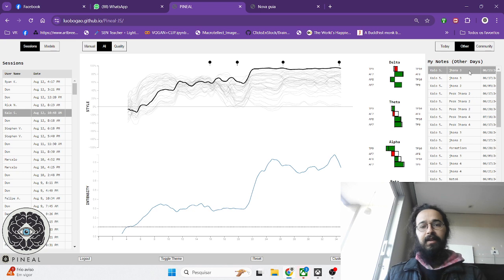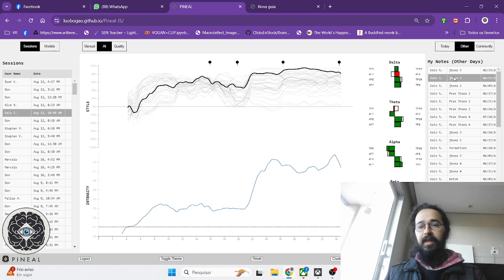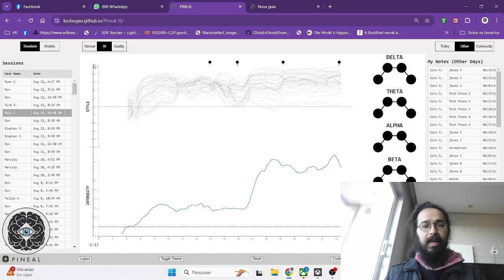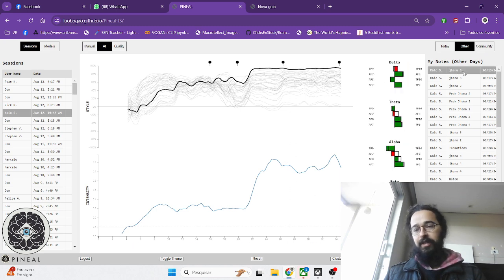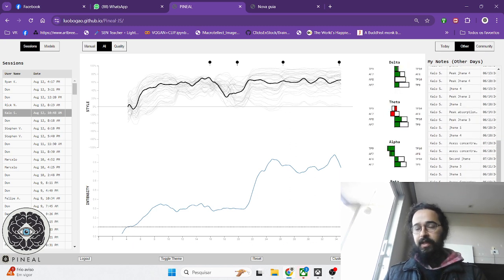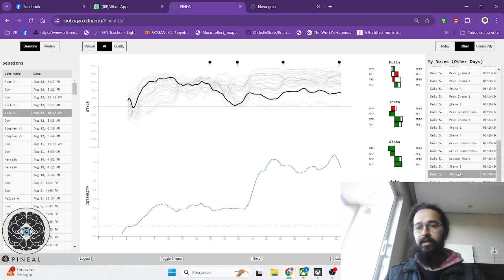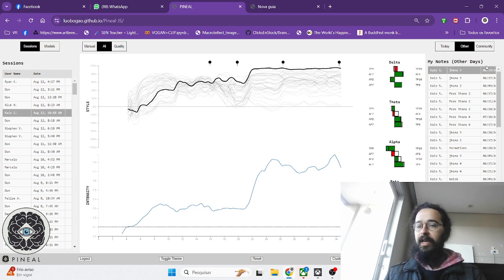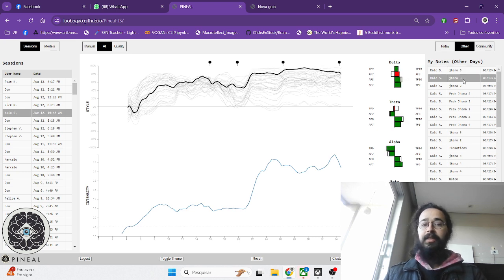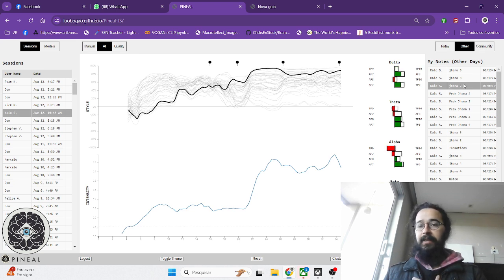We can check that the black line, of course, is above the 0%, and it goes almost to 100% similar to this session. So all of these other notes that I created in the past, the system organizes, and starts to organize a specific style of myself. So it makes a lot of sense, right? I have a lot of similarity in style with myself, right?